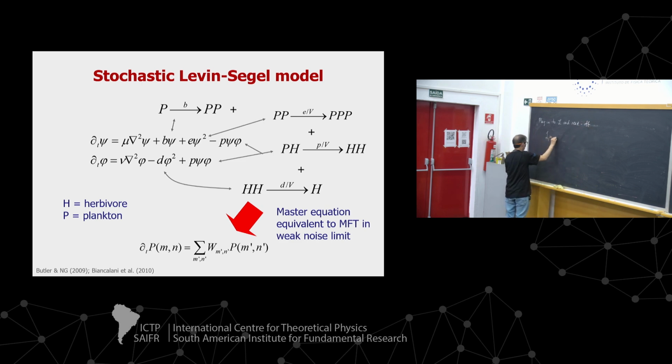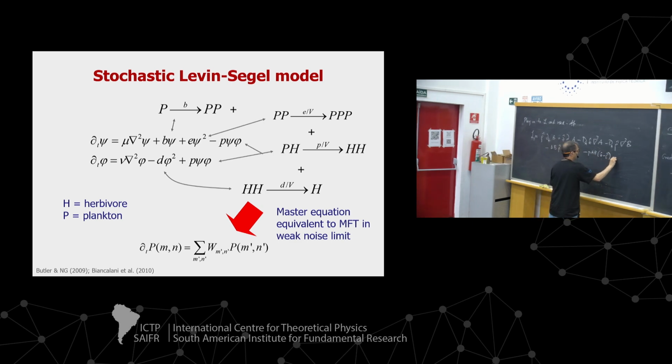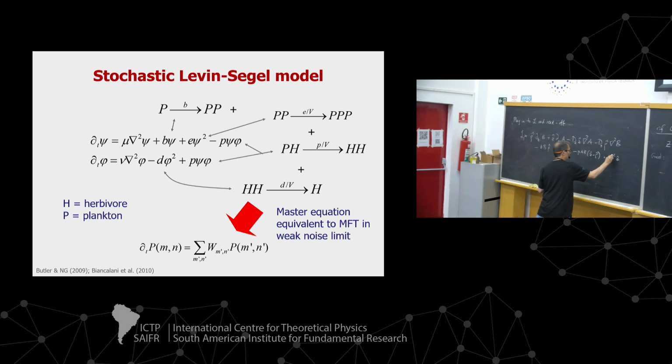L1 is rho hat d by dt of b plus z hat d by dt of A minus dA z hat del squared A minus dB rho hat del squared B minus B hat minus BB rho hat minus E B squared rho hat minus P AB Z hat minus rho plus D A squared Z hat. Okay, that's what you get.